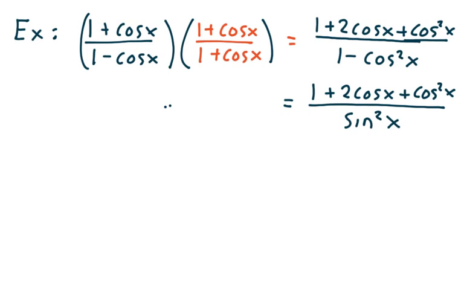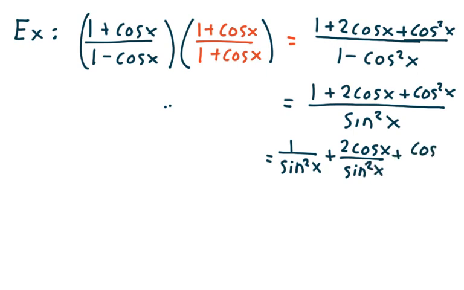And I'm going to split off this fraction. So I have 1 over sine squared x plus 2 cosine x over sine squared x plus cosine squared x divided by sine squared x.